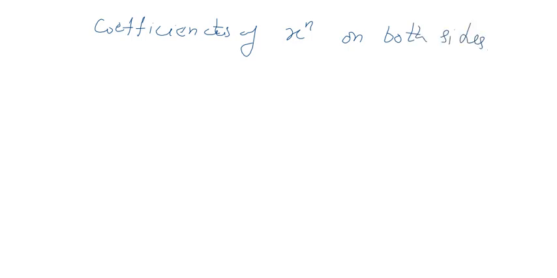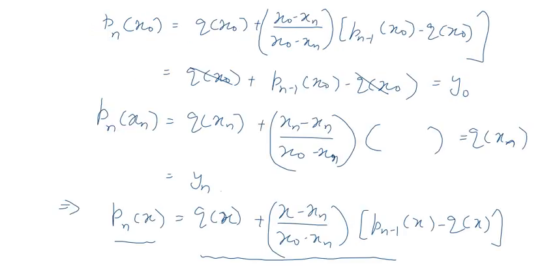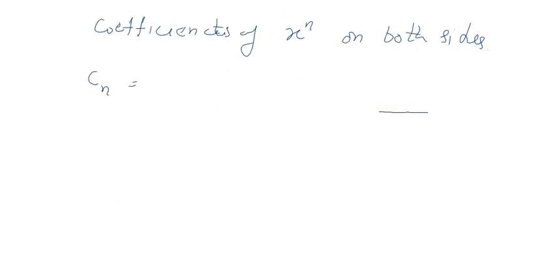What it will be is xn; this left side is cn, and the right side is x minus xn by x naught minus xn. So x by x naught minus xn, that should be divided by x naught minus xn.